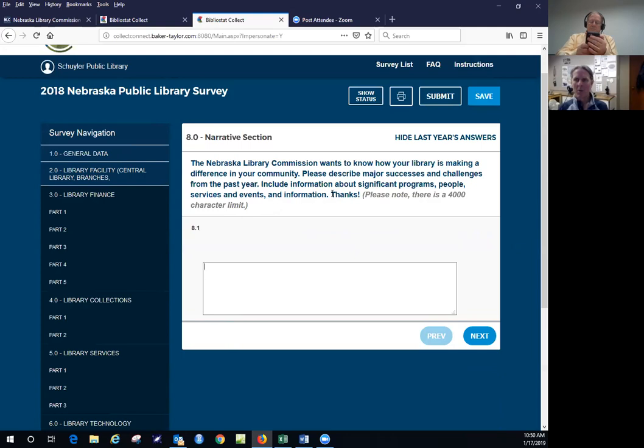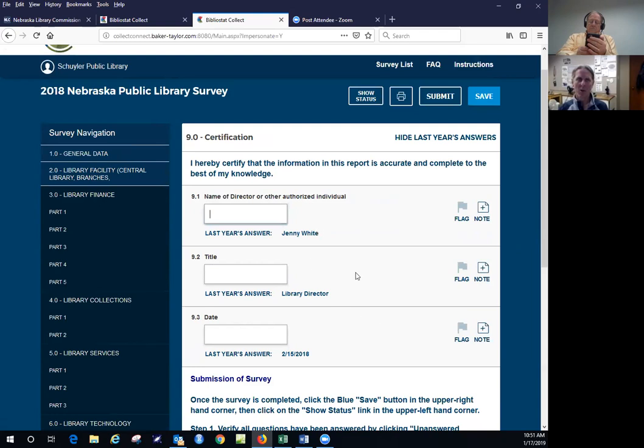A librarian once asked me, they said, the thing that I fret most about is what to put in the narrative. And I said, well, you don't have to put anything. They thought it was required. And I said, no, it's not required. So if you want to leave that blank, you could. But it's nice for us to know anecdotally what you're doing in your community.